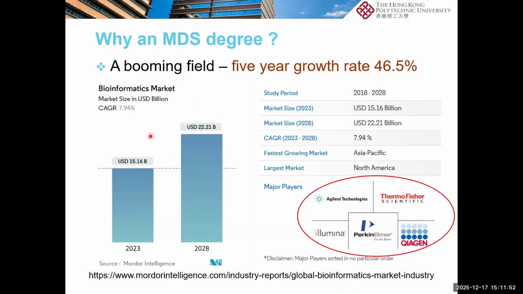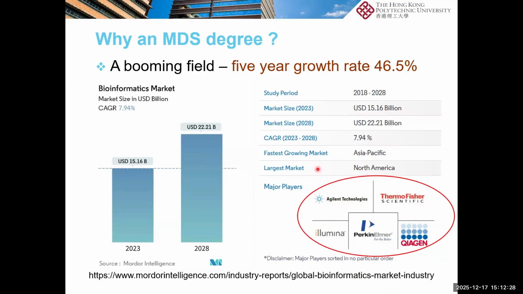This slide shows that the CAGR for the bioinformatics market is increasing by around 8% per year. The data is extracted from a website, and it is based on the 5 major players in the bioinformatics market, including Illumina, Quadrant, and Thermo Fisher, which are rather famous players in the market.